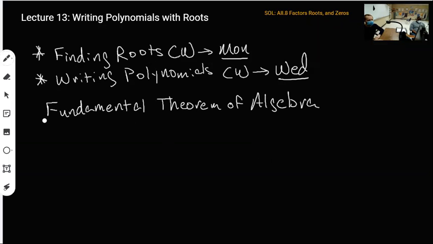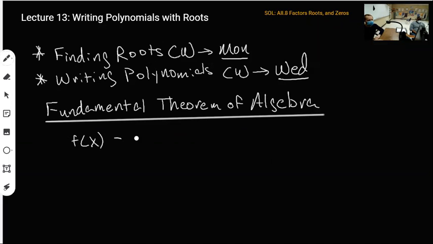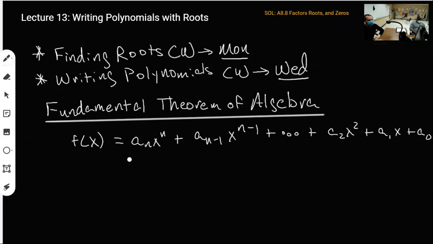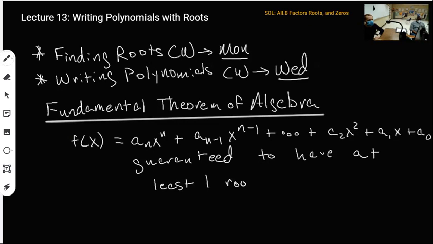But basically what it says is if you have this polynomial, f of x, your standard polynomial, a_n x^n plus a_(n-1) x^(n-1), and you keep on going down to x squared, x, and a_0, then this polynomial is guaranteed to have at least one root in the complex numbers.